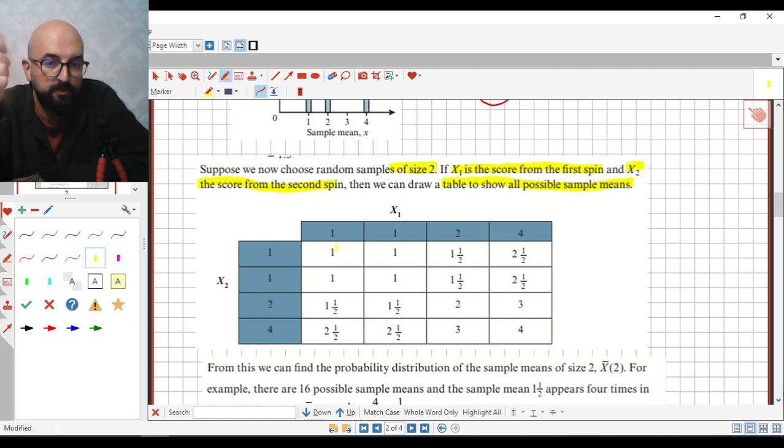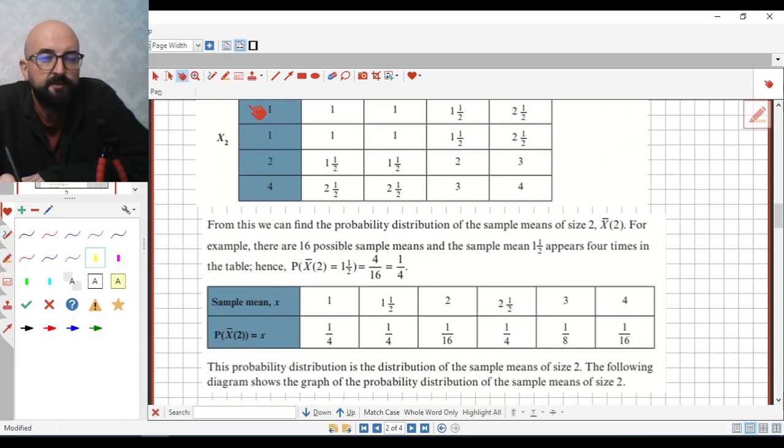If you spin the spinner 2 times, meaning your sample is of size 2, the sample means are here in this table.